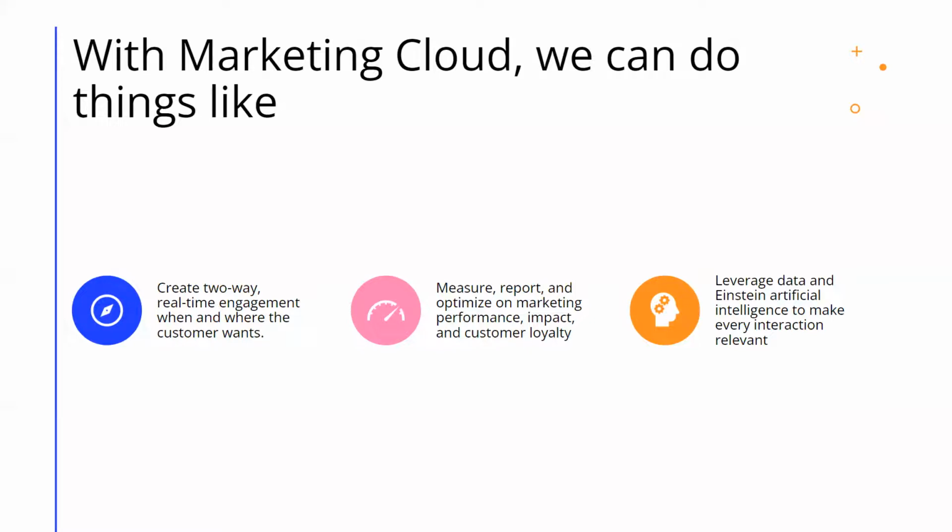You have enabled your customers to also interact with your systems by sending some keywords. And in response to that interaction, you are sending them the updated balance or any updated information which they intended to receive when they inquired by sending the BAL keyword or any type of keyword. So this is marketing engagement which you can adopt with the help of Marketing Cloud.